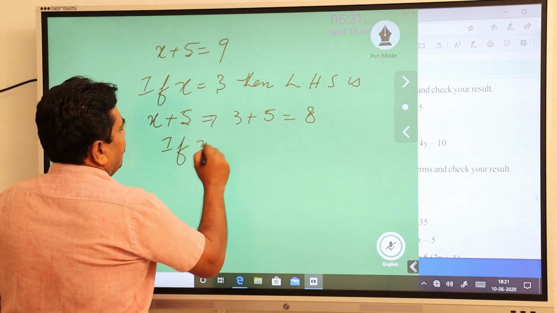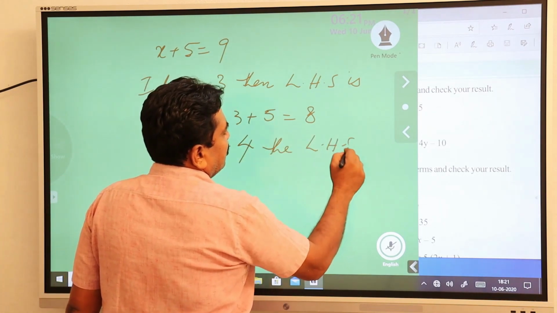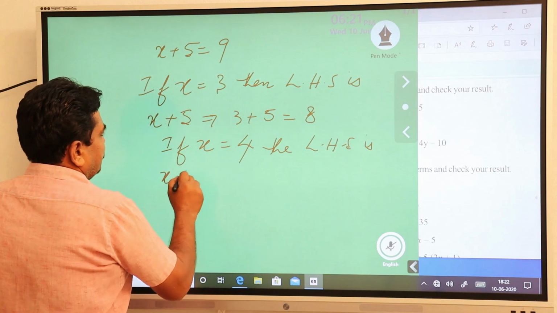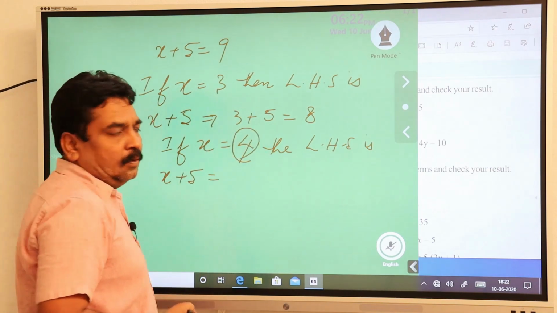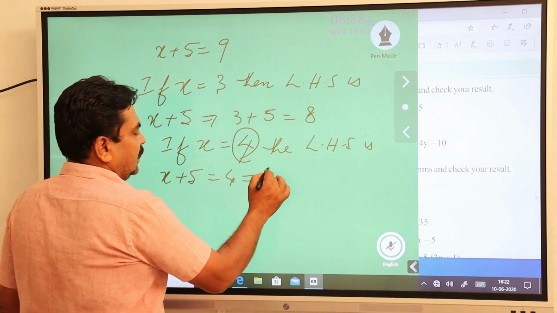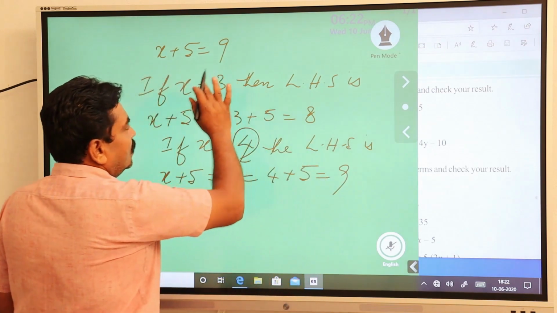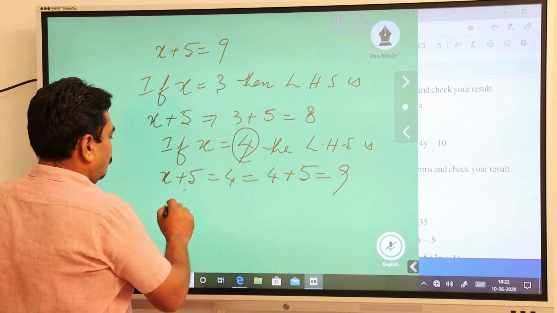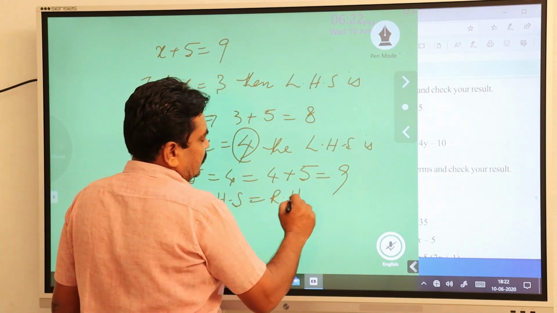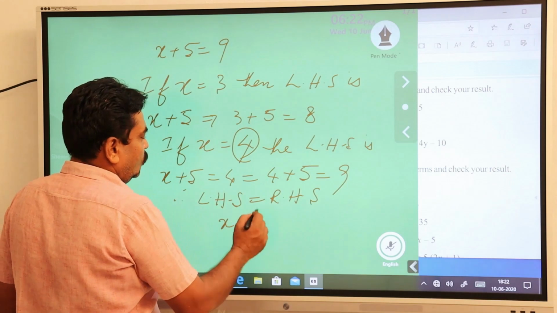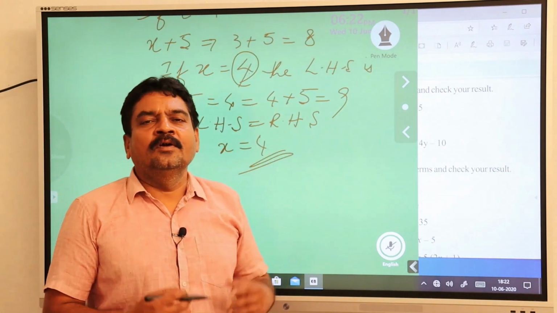If x is equal to 4, then LHS is x plus 5, and in place of x you substitute the value 4. You get 4 plus 5 is equal to 9, which is equal to your RHS. Therefore, LHS equals RHS when x is equal to 4. This is your answer.